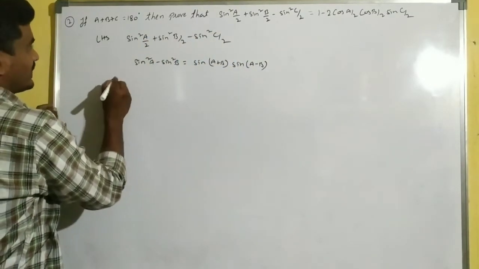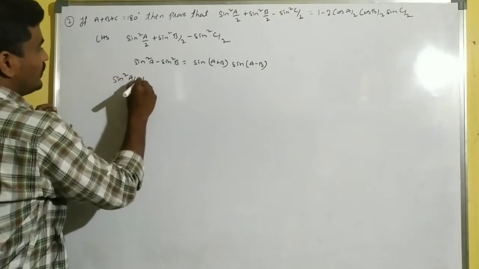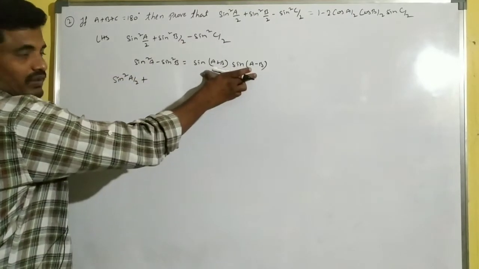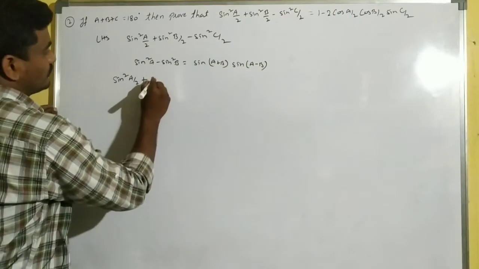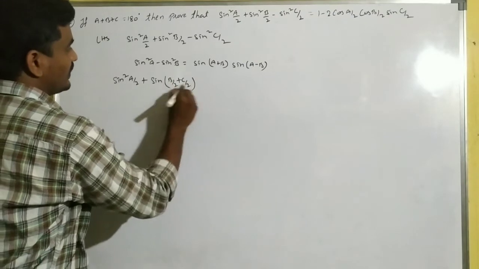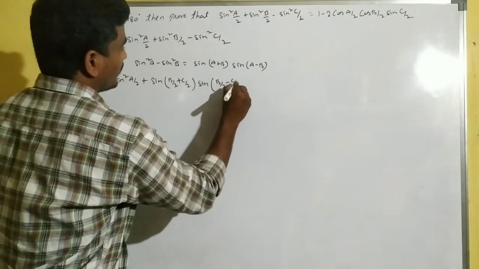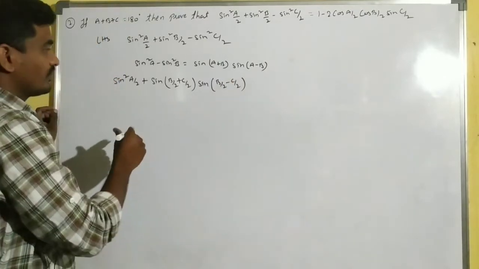Let's see, first I am writing as it is, sin square a by 2 plus, this I am going to write with this formula, sin b by 2 plus c by 2 into sin b by 2 minus c by 2.